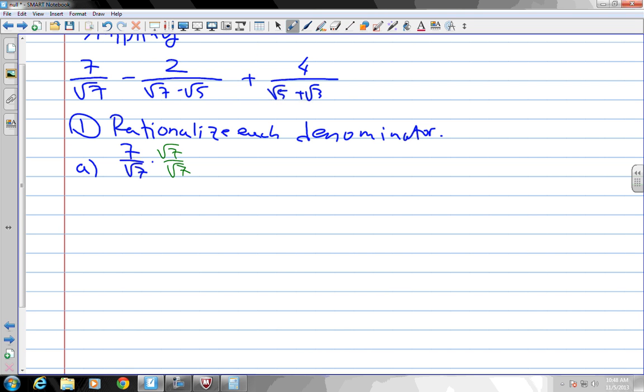So multiply by itself. So if I do that, it comes out to be 7 square roots of 7 over square root of 7 squared, which makes it 7. So 7 square roots of 7 over 7. Right?